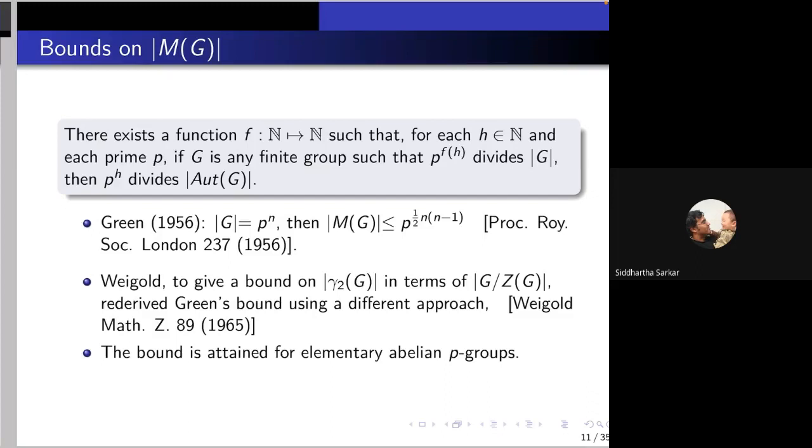He was investigating this problem, known as Scott's conjecture, which says that there exists a function f from N to N such that for each h in N and each prime p, if G is any finite group such that p to the power f(h) divides the order of G, then p to the power h divides the order of M(G).